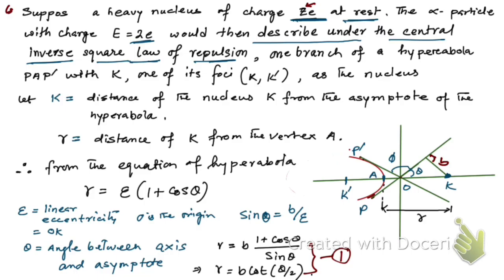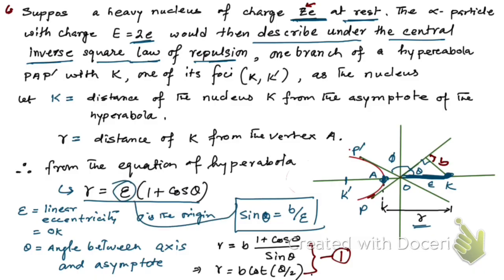So the alpha particle will describe this hyperbola, and from the vertex, the nucleus is at a distance R. From the equation of the hyperbola we get this relation, where e is the eccentricity, and from this triangle we get sin theta = b/ε. If we use this relation here, then we get this relation.